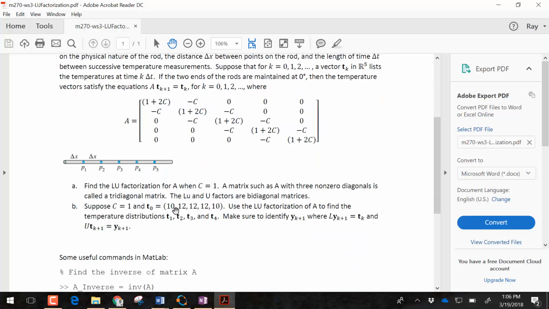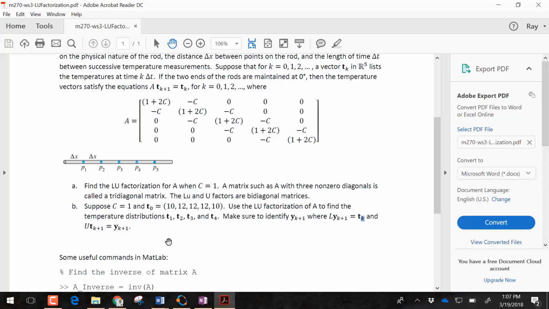No, the T1 is here, and then you're going to get your results for T2, T3, T4. So this is the original matrix that you start with, and what this is saying is that to find T1, you have to let this be T0, and you get Y1, and then you get T1 from here. And then that'll be the T1.